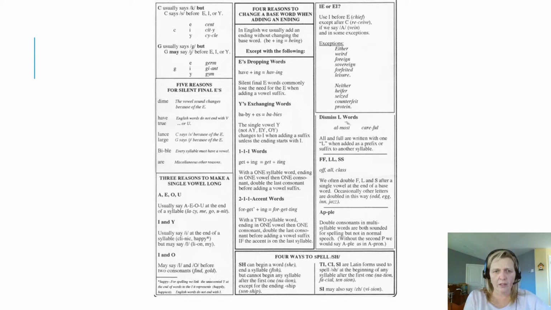So, oh gosh, when I look here, these are spelling rules in the English language. And doing a Google search on spelling rules, I've found some sites have 90 rules for proper spelling in English, some have 28 rules for proper spelling. There's a lot of rules here.